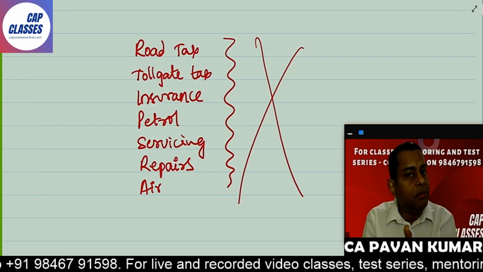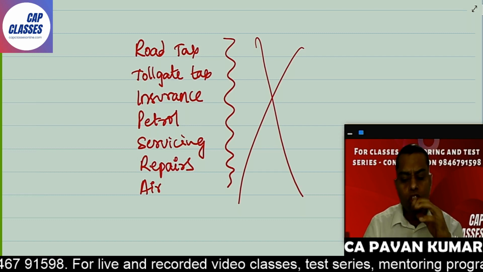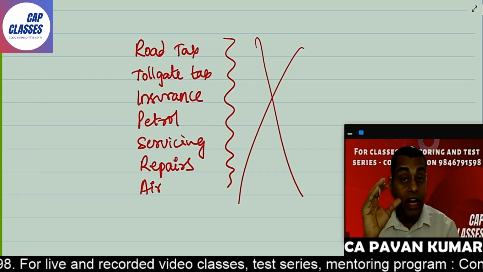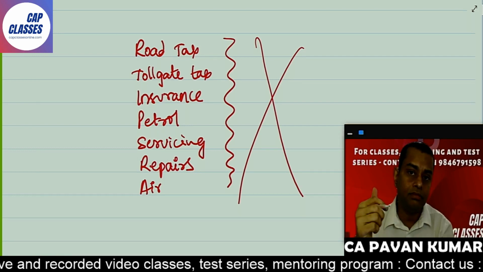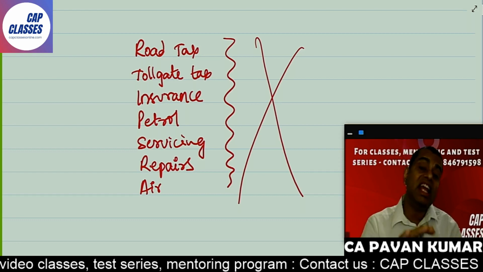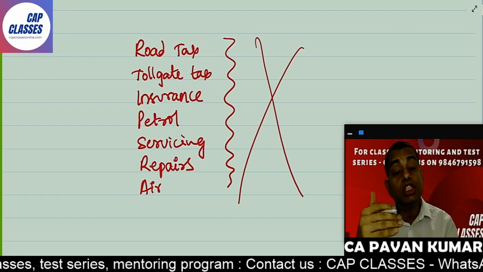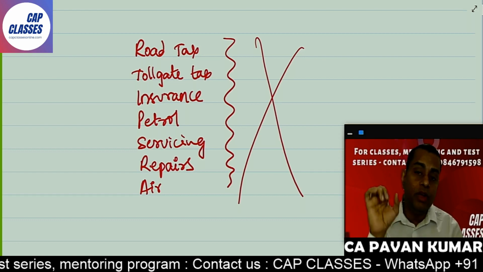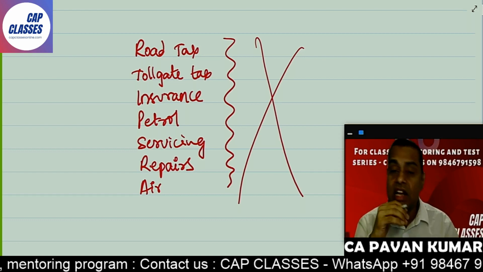Do you think that can be capitalized? The answer is yes. So when I'm incurring subsequent expenditure on this car, when can I capitalize it, and when is it to be charged to P&L? That is what we are going to discuss now.